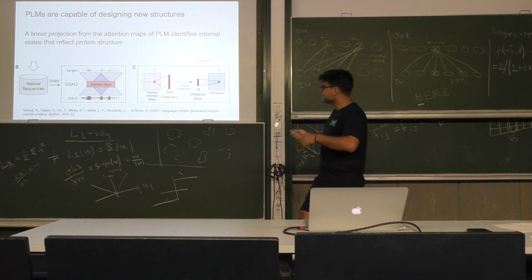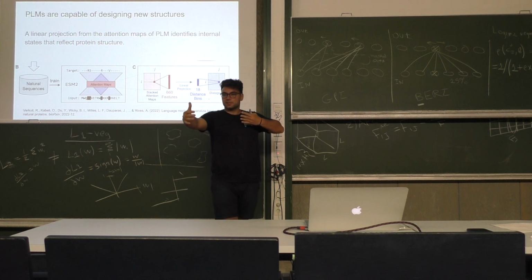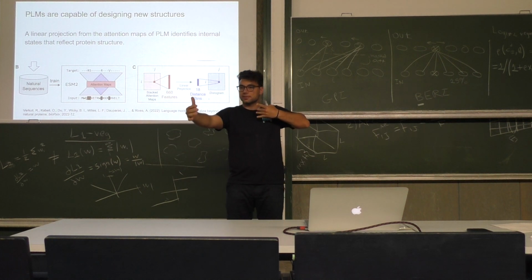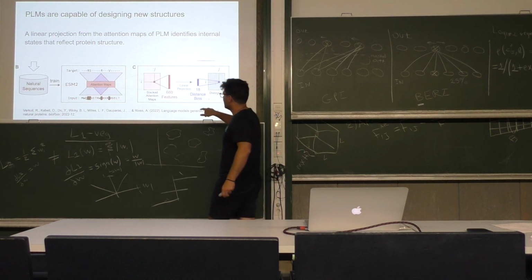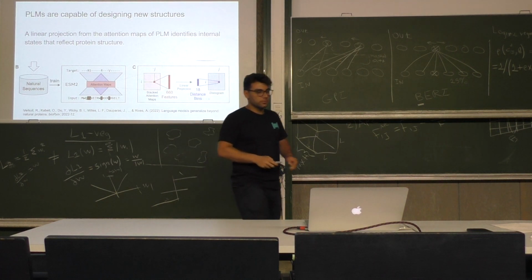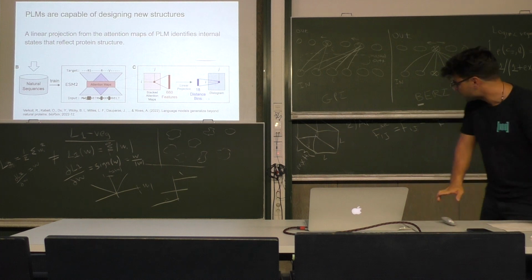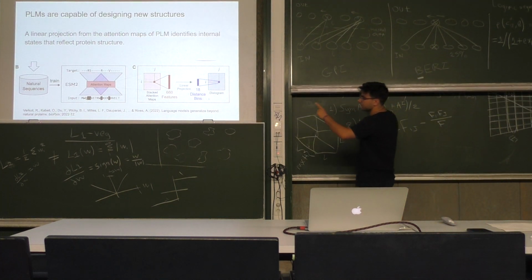So surprisingly, they took these 660 attention maps from the layers of this ESM2 model that we saw before, and they applied a linear layer based on all the 660 features from all these attention maps, but a shared linear projection.